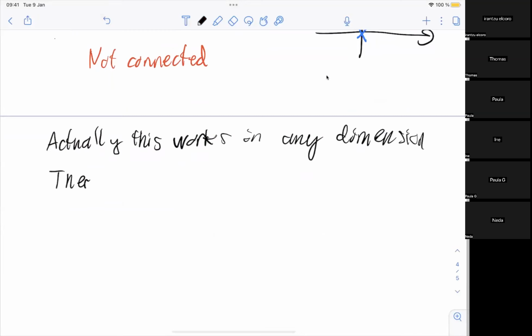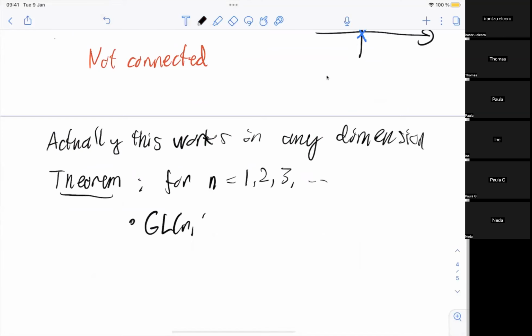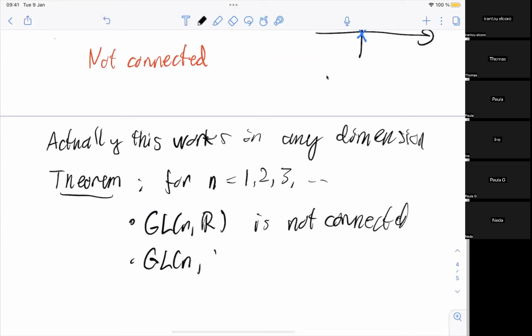So theorem: for n equal 1, 2, 3, general n, GL_n(R) is not connected, while the complex matrices are connected.